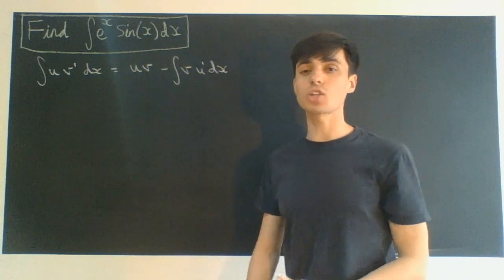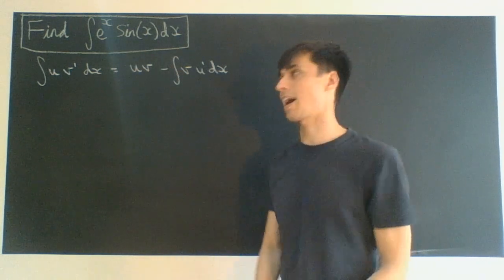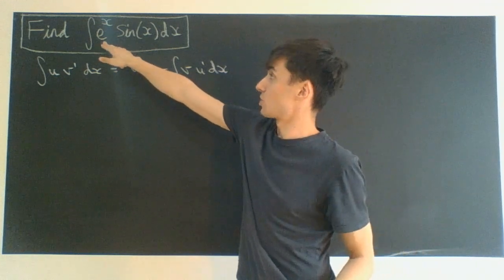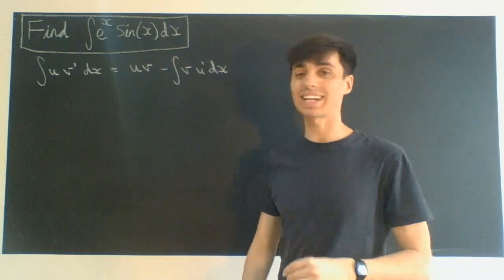And of course, integration by parts only works when u and v are both functions of x. So it's satisfied for this question. We can choose e to the x and sine x to be our u and our v. Let's do exactly that then.